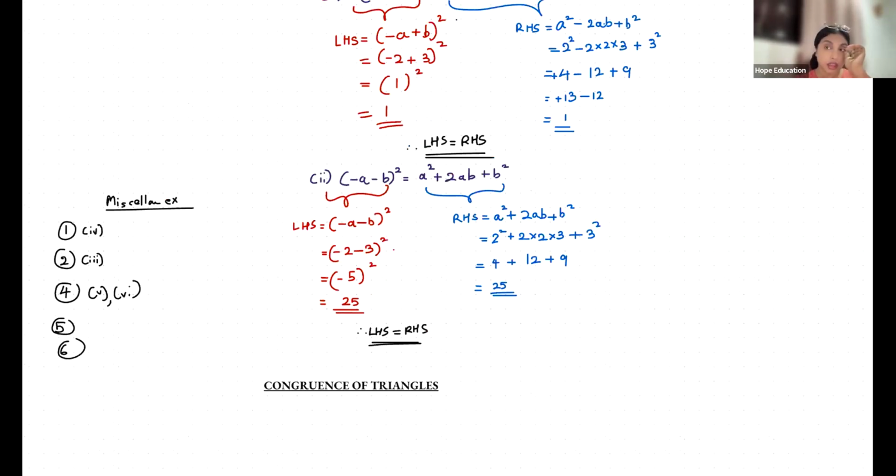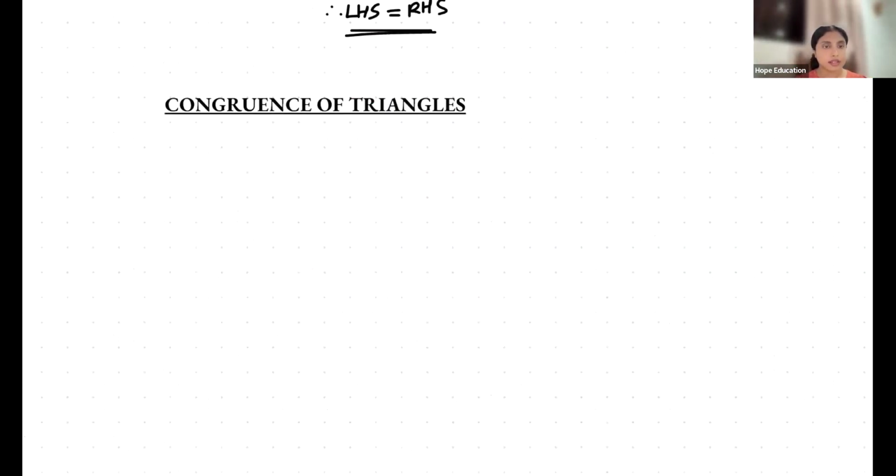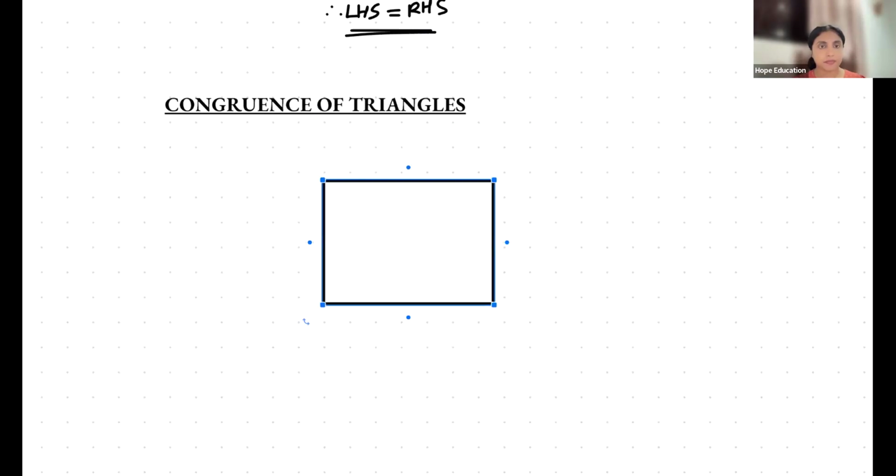Okay. Now, what is this congruence? Congruence, or sometimes you call it congruency, whatever. What is this word? If I take something like this, one second, this is a square.